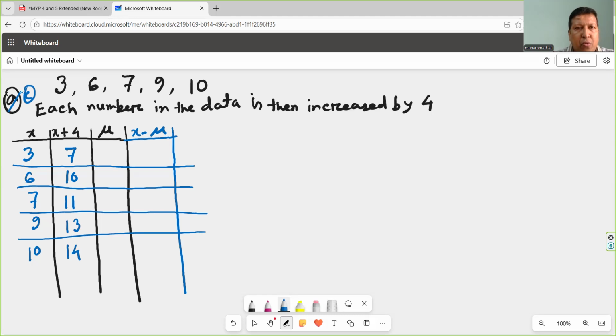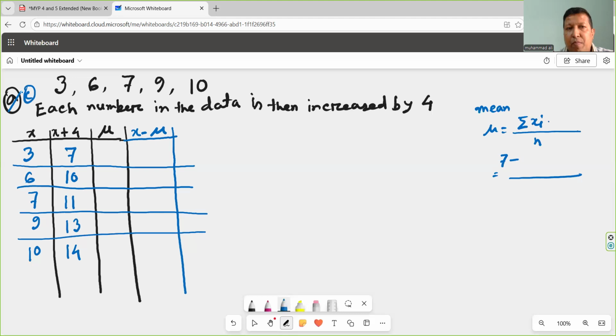So we want to find the mean after increasing the data. The mean mu equals summation x divided by n. Keep in mind this x is after increasing by 4. That means 7.